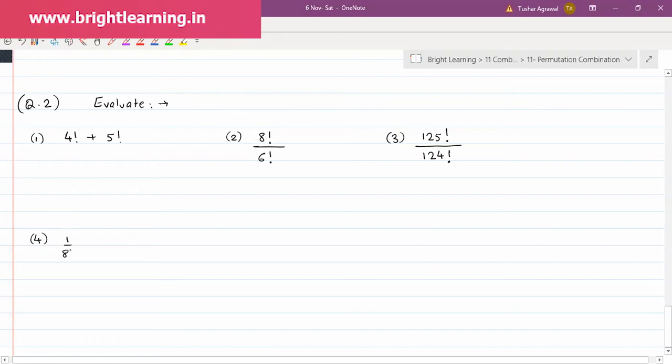Fourth, 1 upon 8 factorial plus 1 upon 9 factorial plus 1 upon 10 factorial is equal to p upon 10 factorial. Then p is equal to question mark.